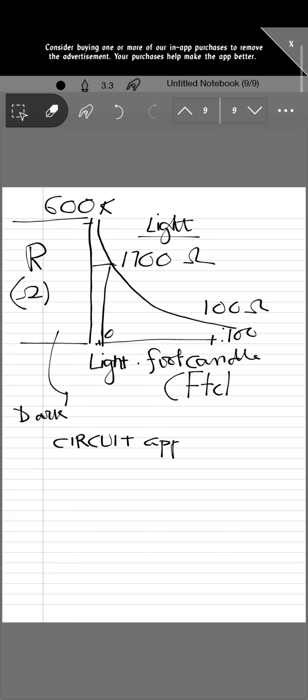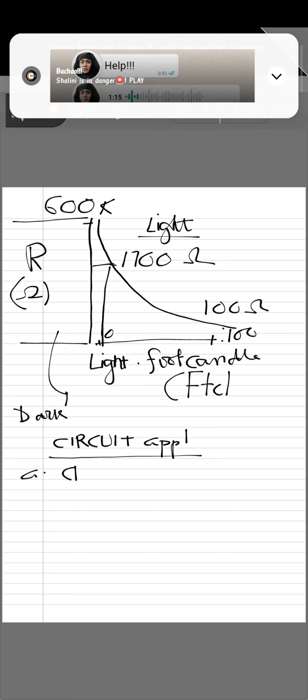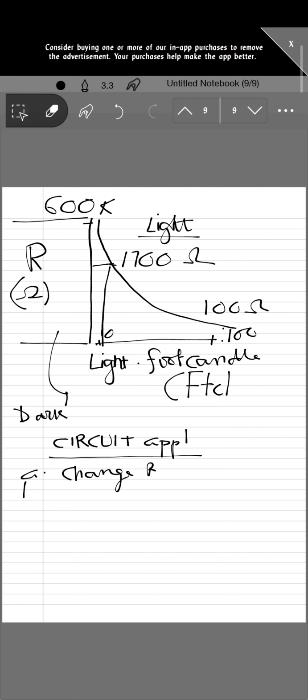It can be used to change resistance values, to provide a sensor with voltage output, VO, and to supply current to a load.